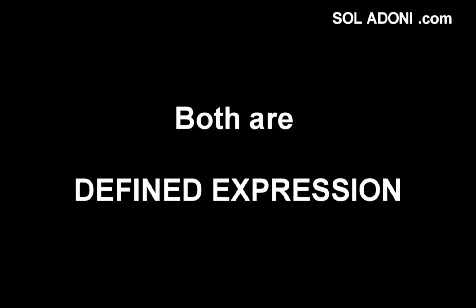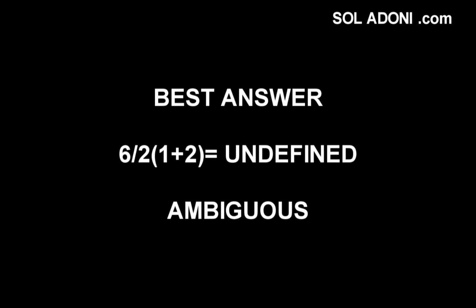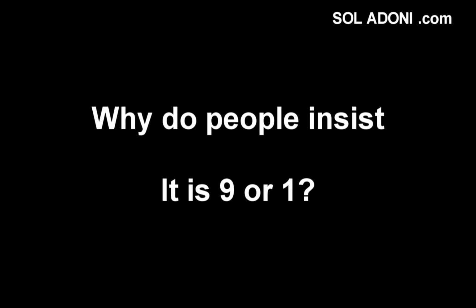Both of these are defined expressions. There is only one correct answer the way that I have displayed the proper mathematical notation. The best answer is that 6 divided by 2 times the sum of 1 plus 2 is undefined or ambiguous. That is the best answer for this question.